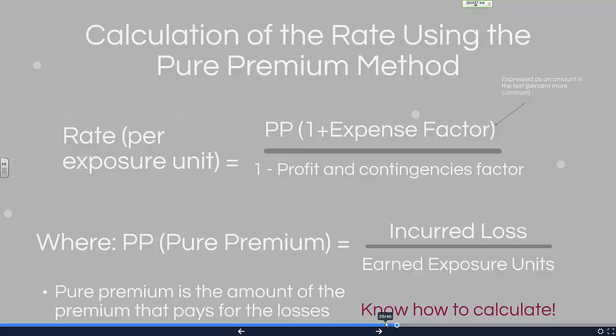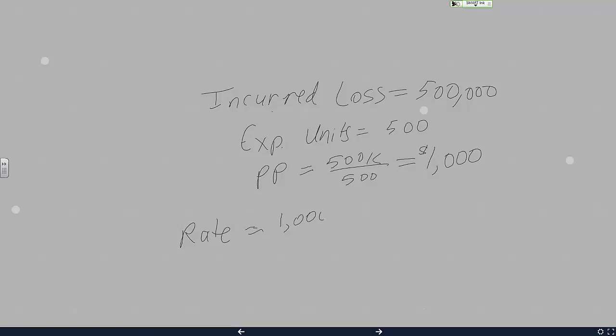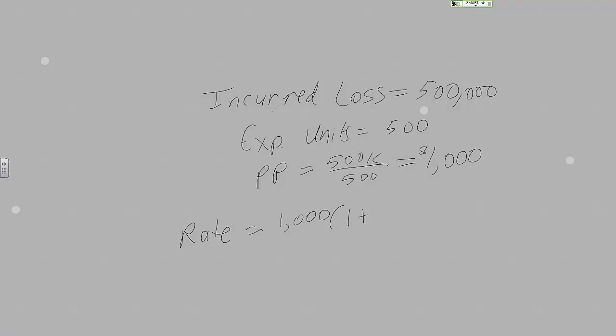So let's look at an example of calculating the rate using the pure premium method. Let's assume your incurred loss was calculated as $500,000 and your exposure units were 500. The pure premium, therefore, is 500,000 divided by 500, which gives you a pure premium of $1,000. So the rate equals the pure premium of 1,000 times 1 plus the expense ratio. Let's assume the expense ratio is 30%.